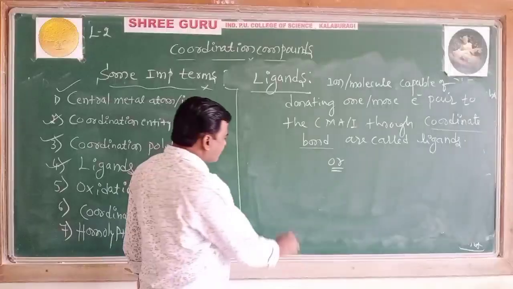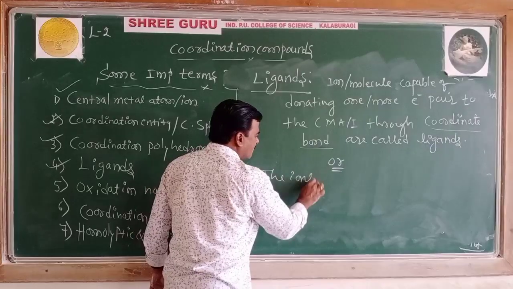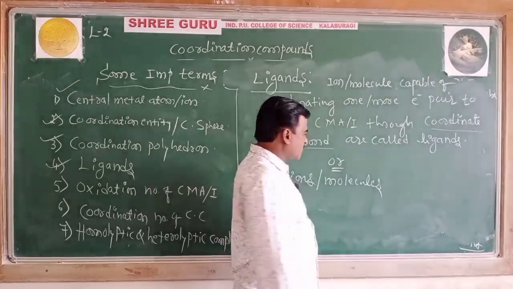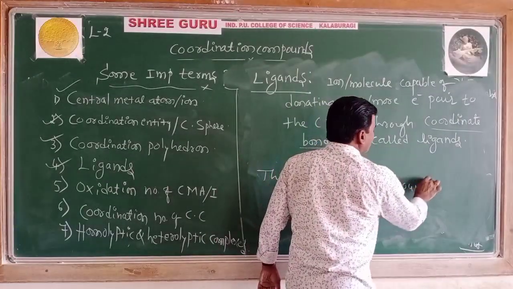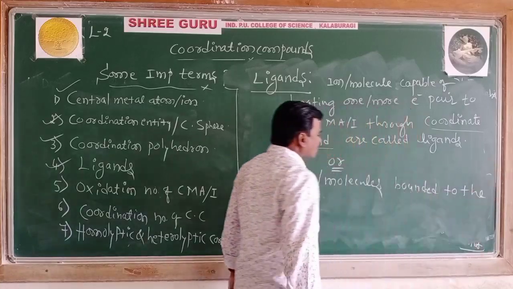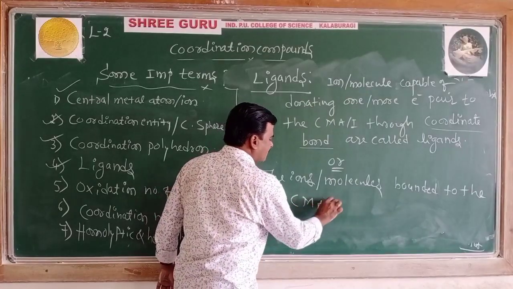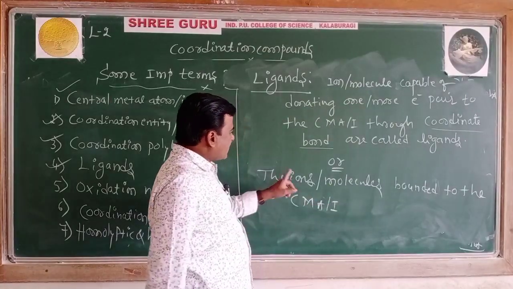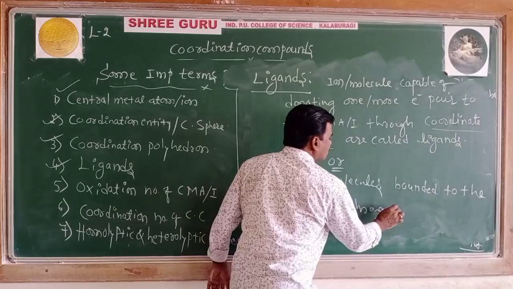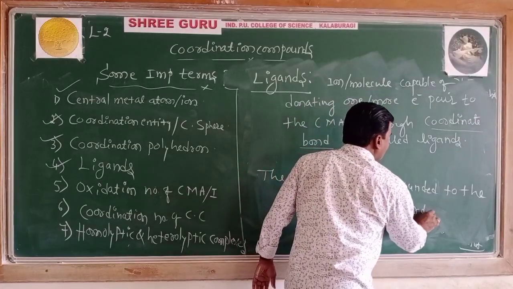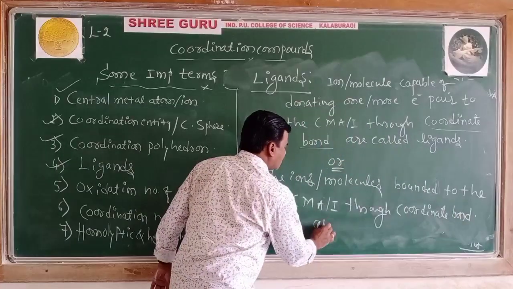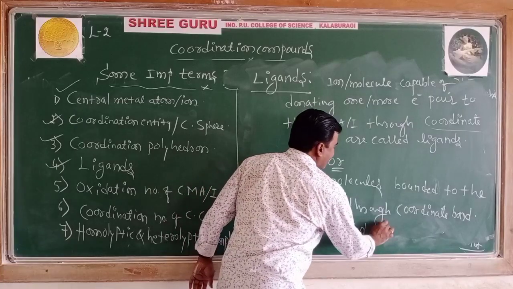The ions or molecules bonded to the central metal atom or ion through coordinate bond are called ligands.